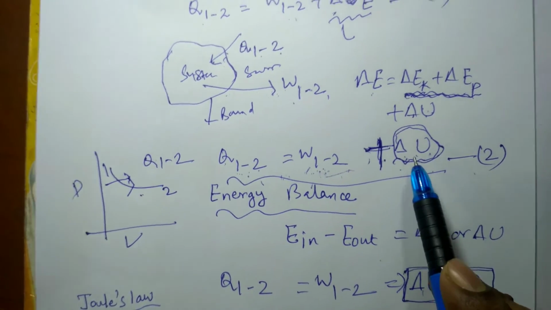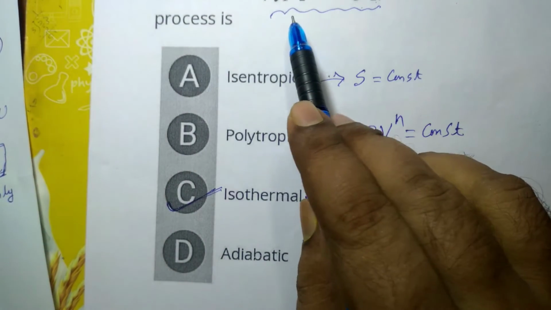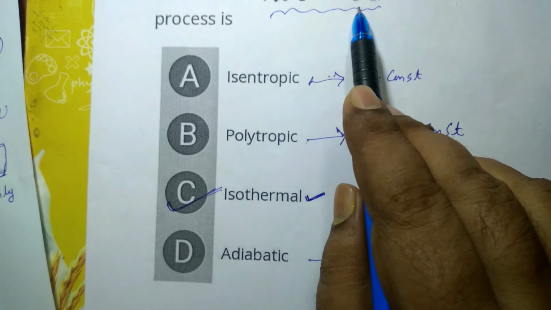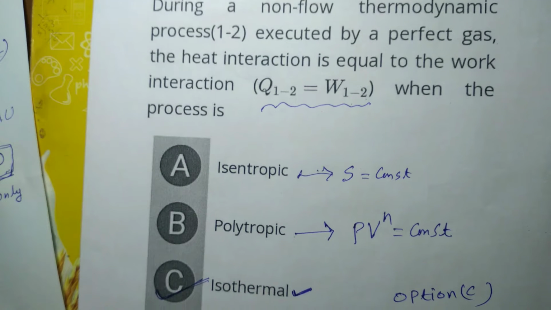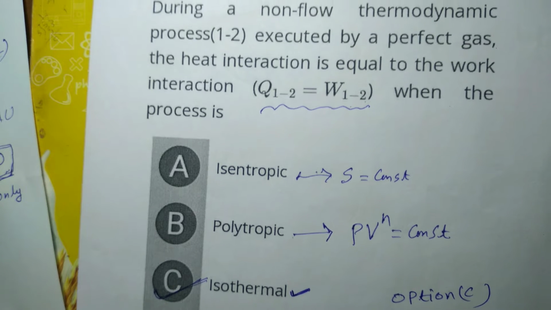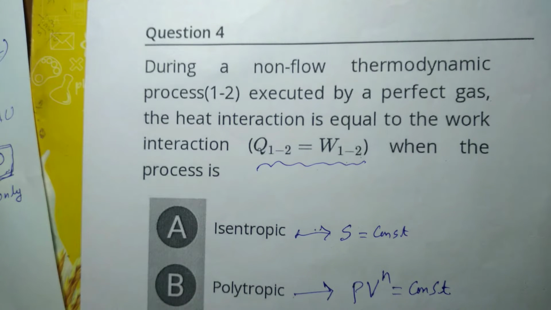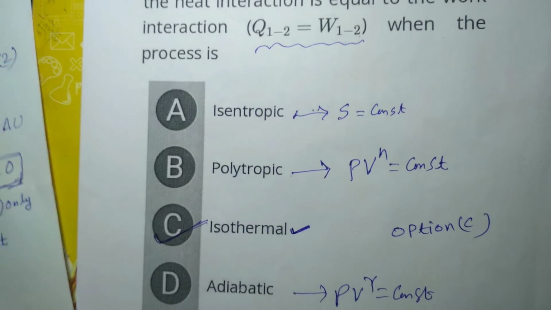And since in this particular question it is given that the equation is Q12 is equal to W12, मतलब हमारा delta U 0 हो गया, मतलब U is equal to constant, and we know that according to Joule's law and especially for perfect gas U is a function of temperature only. U अगर constant हो रहा है तो temperature constant है, मतलब the process is isothermal.